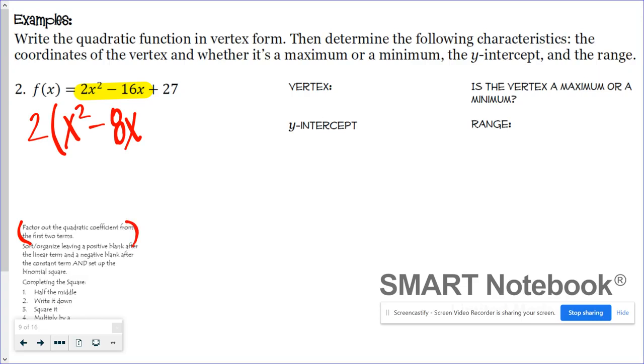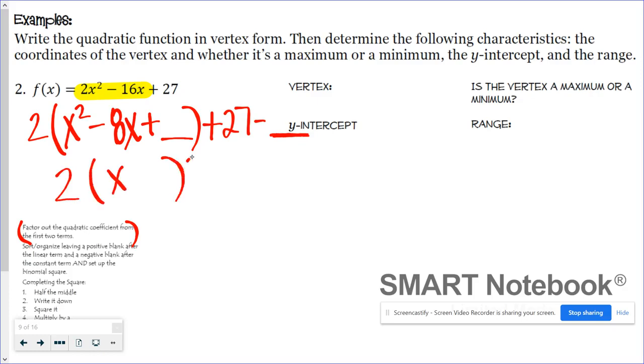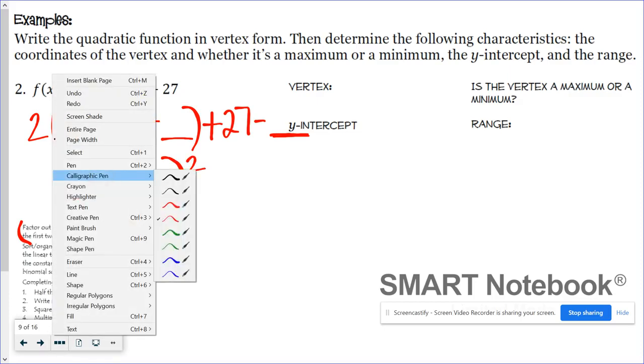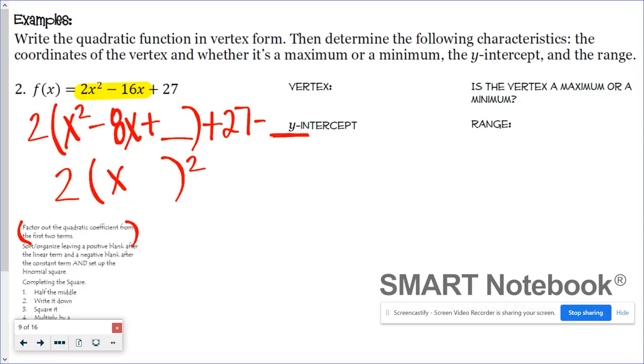Now I'm just going to organize this. So I have my positive blank, my constant term, my negative blank, and I'm going to set up my square. I'm going to have 2, and then inside the parentheses, x something squared. Now I'm ready to go through those 5 simple steps to complete the square.